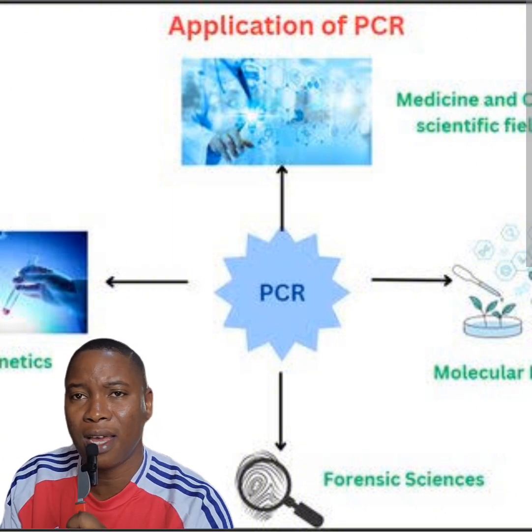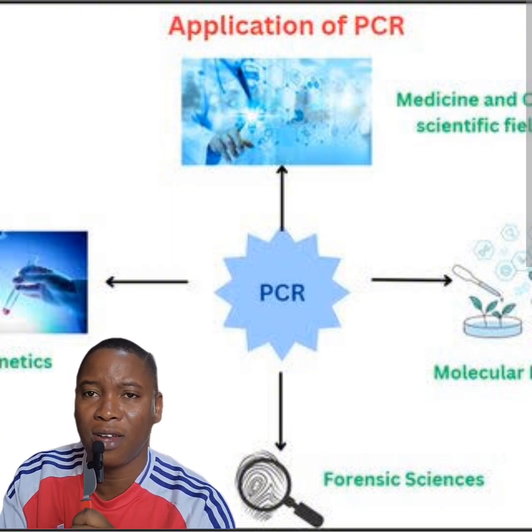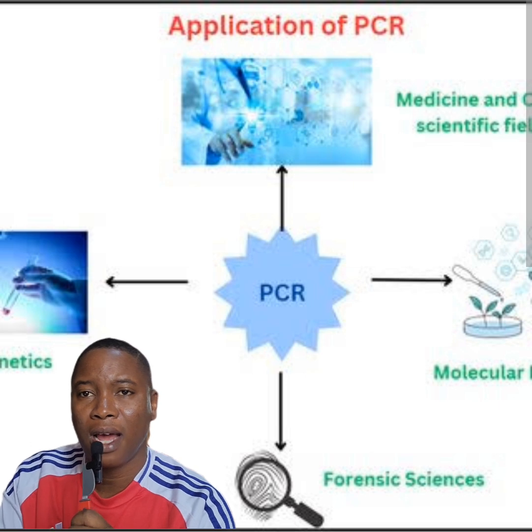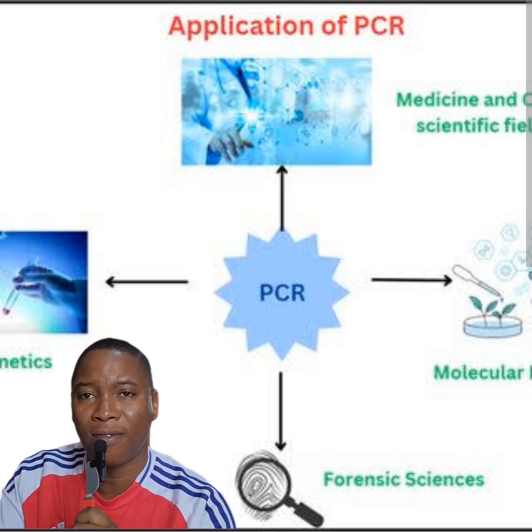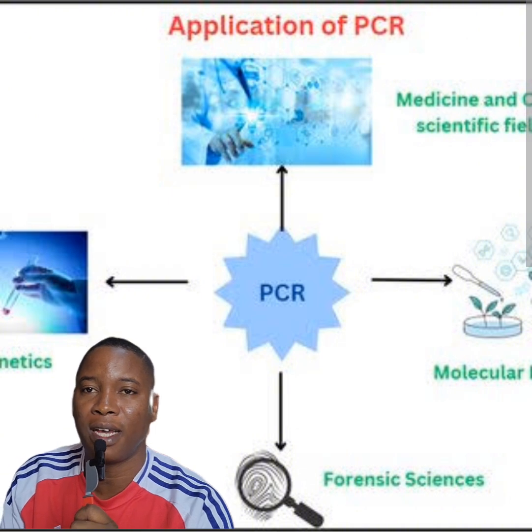Once organisms are involved and there's a need to identify those organisms, PCR along with gene sequencing can be used as the gold standard for identification of different kinds of organisms.